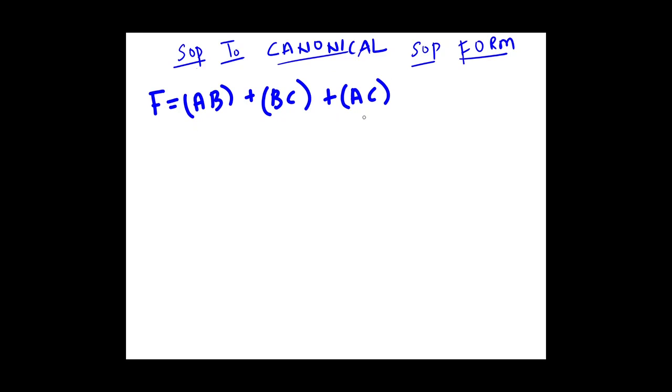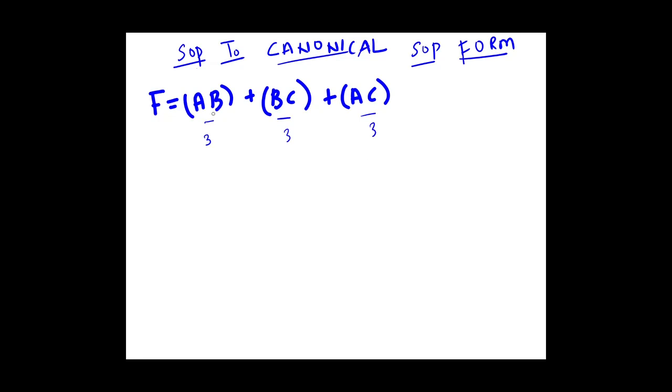Whenever I see this expression, let's see how many variables are there in this. I have A, B, B, C, A, C. So it is A, B and C. This has 3 variables. That means this is one minterm, this is one minterm and this is one minterm. In each minterm, if this expression is of 3 variables, then we should have all 3 variables in this minterm, all 3 variables in this minterm, all 3 variables in this minterm.